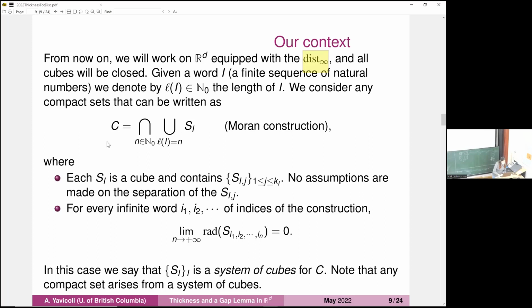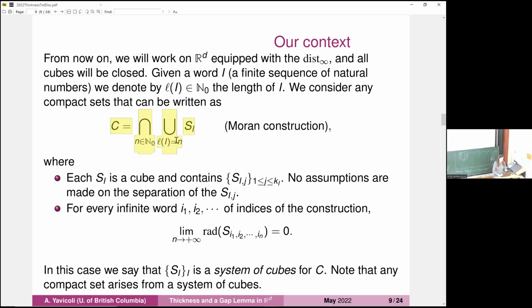And we are going to write any compact set in this way as an intersection of unions of cubes. This is a Moran construction type. And N means the level of construction.